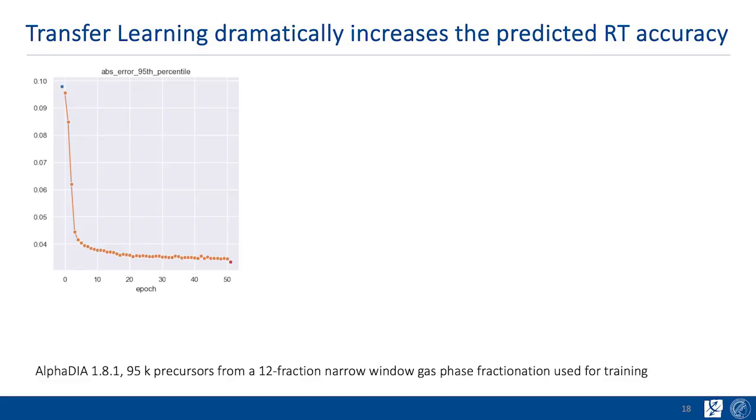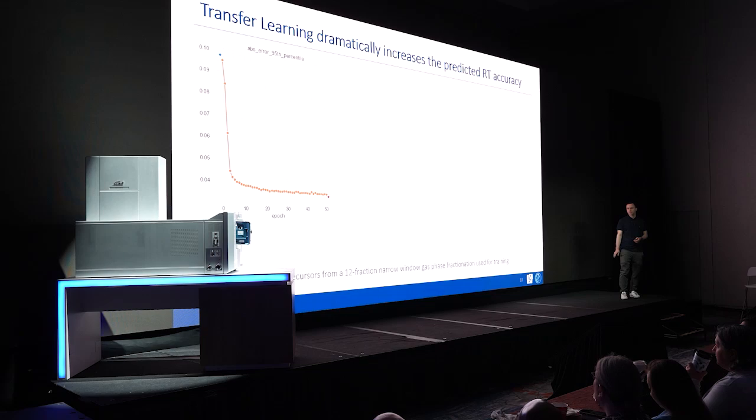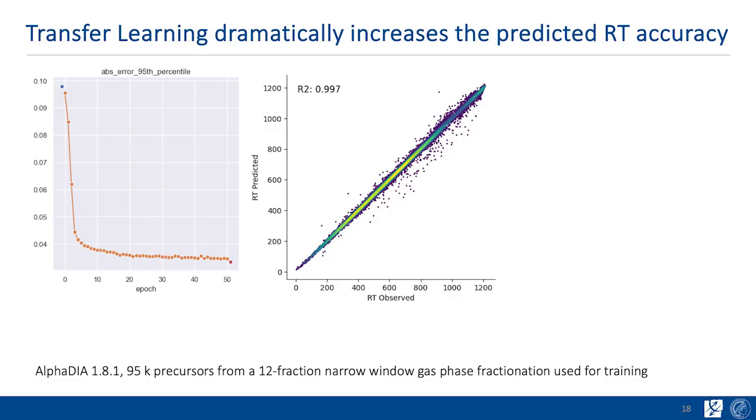But this doesn't just apply to fragment spectra, it also applies to retention time prediction. If you go through the transfer learning, the 95th percentile error goes from around 10% to around 3%, which gives you in the end a super good correlation between predicted and observed retention times.